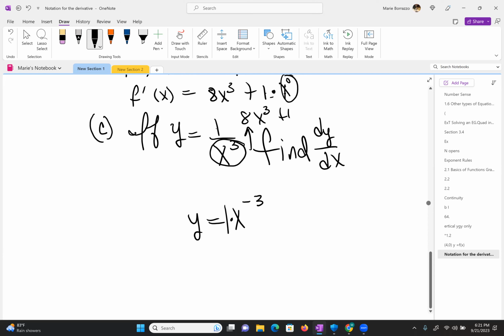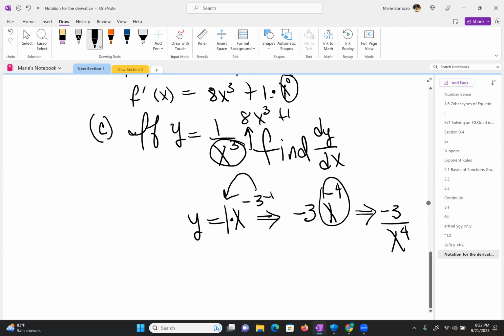So 1 times x to the negative 3 means that if I follow the pattern, negative 3 times 1, that's negative 3x, and I'm going to take away 1, so this becomes negative 4. We now correct this because we don't like negative exponents, so this becomes negative 3 as a numerator over x to the positive 4. And that's your first derivative right there.